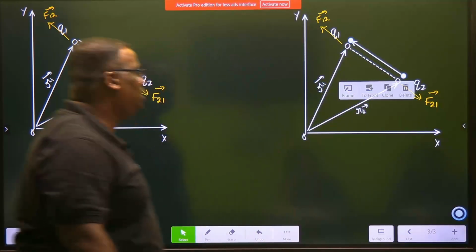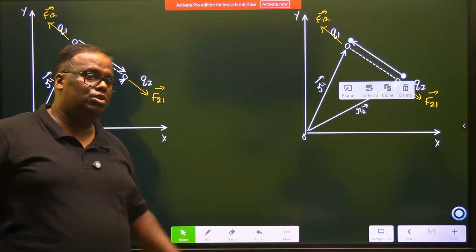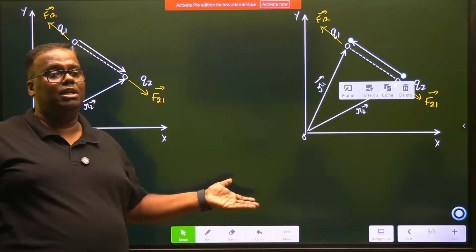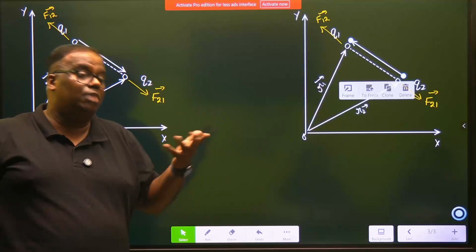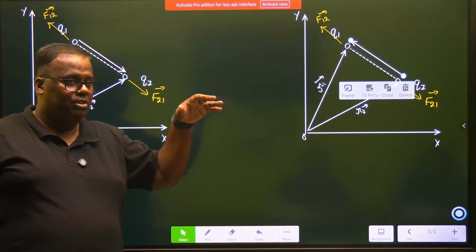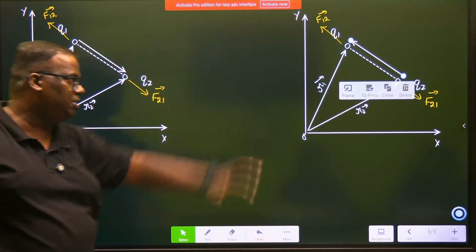Why have I taken two displacements? Because whenever we talk about force, force is experienced through displacement. If I push you, how do I know how I pushed you? By the way you move. If you move in that way, that means either you have been pulled that side or you've been pushed from that side. Both mean the same.